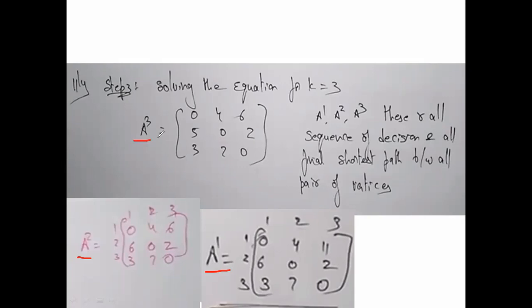So these 3 matrices are the sequence of decisions and the final shortest path between all pairs of vertices.